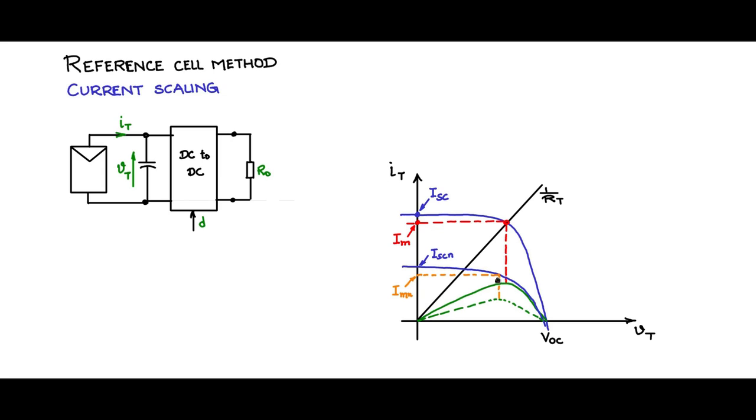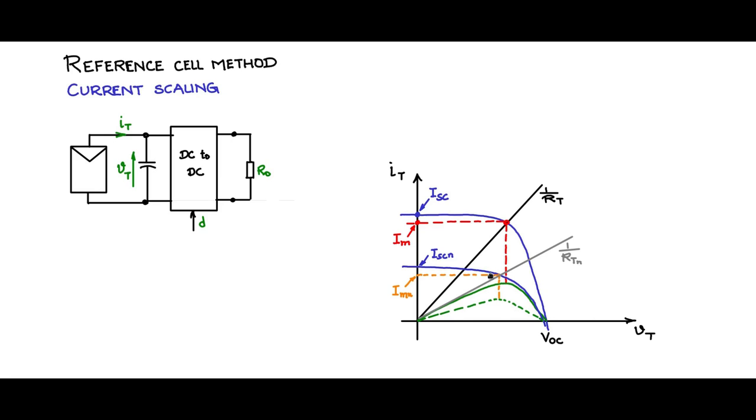The load line corresponding to the peak power point for this insolation will pass through like this, and this will be 1 by RT new, or RTN. So this is for the new insolation. For any insolation you will have this type of set of curves.